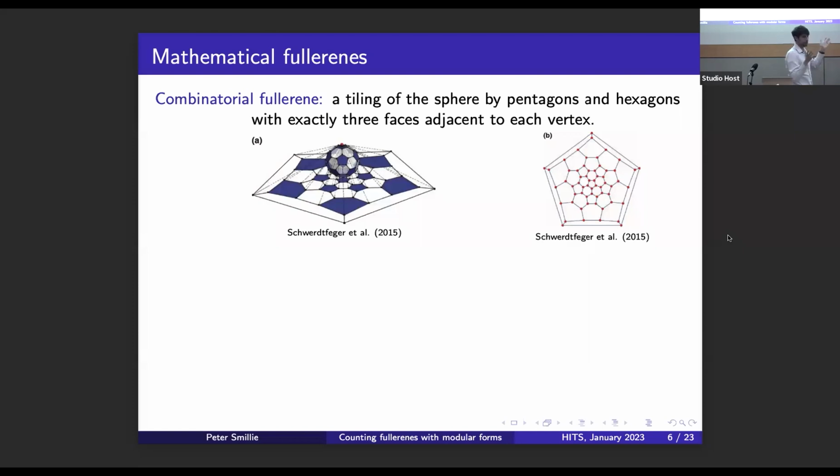It's probably easier to draw a two-dimensional picture than a three-dimensional picture, so I may as well project my soccer ball, as demonstrated there, onto the plane. And I get just a graph. It's a trivalent planar graph where the faces are pentagons and hexagons. I'm going to call this object a combinatorial fullerene.